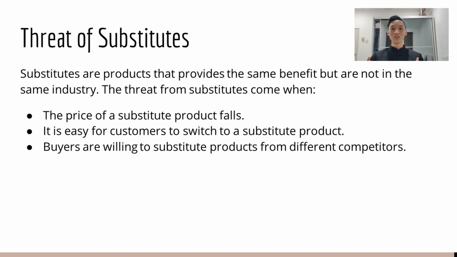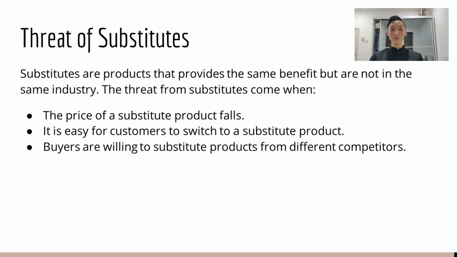Customers can choose between an airline or a bus company. When you're in the airline industry, you look at the other competitors, which maybe are Mas Airline or Air Asia, but also a substitute is a bus company like KKKL. So things like this you also need to take into consideration. The threat from substitutes can come when the price of a substitute product falls.